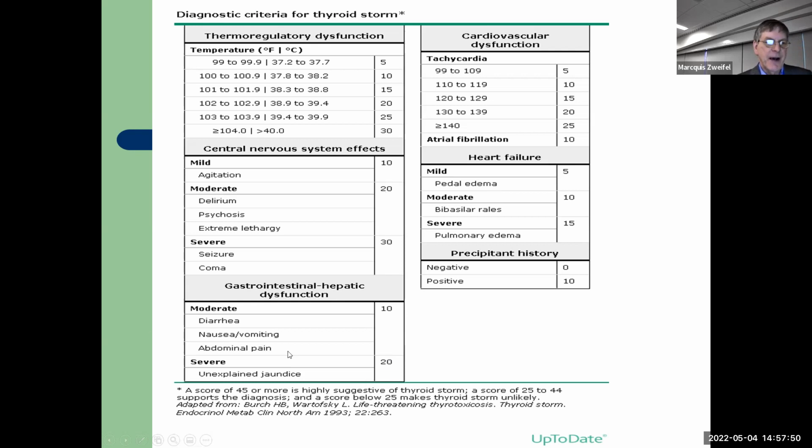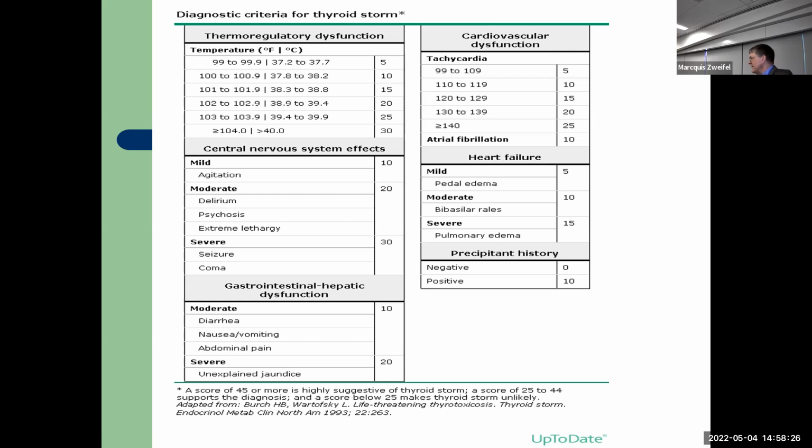GI, abdominal pain, awful lot of people. You're at 30 points. Tachycardia, here's only 119, 10 more points. That's 40. And if you have any history of thyroid, or if you have any edema, mild pedal edema, a lot of our patients, you're at 45. Score 45 or more, high risk for storm.